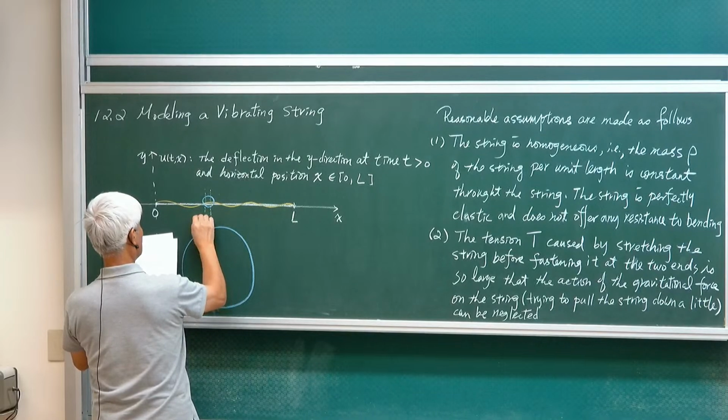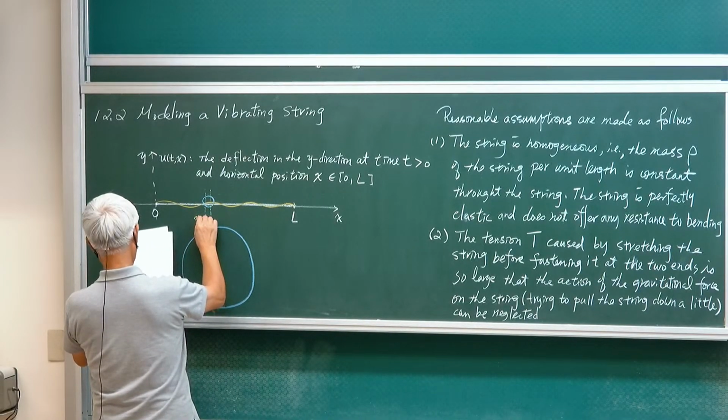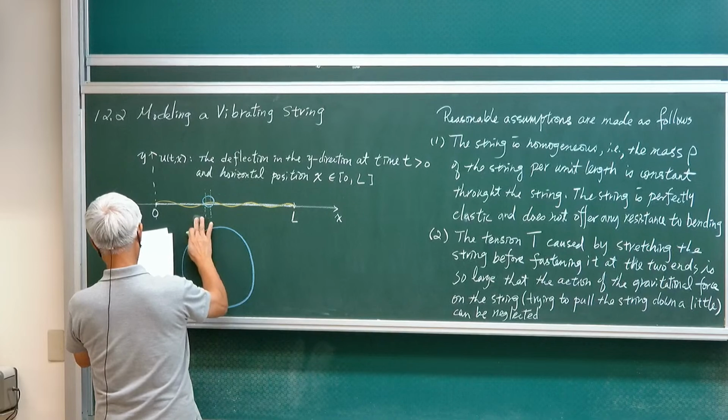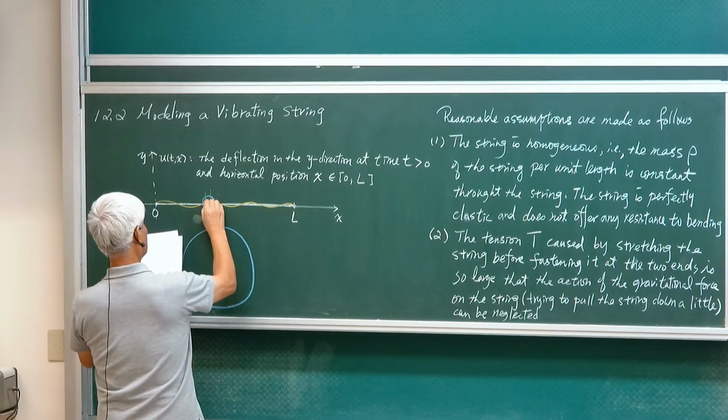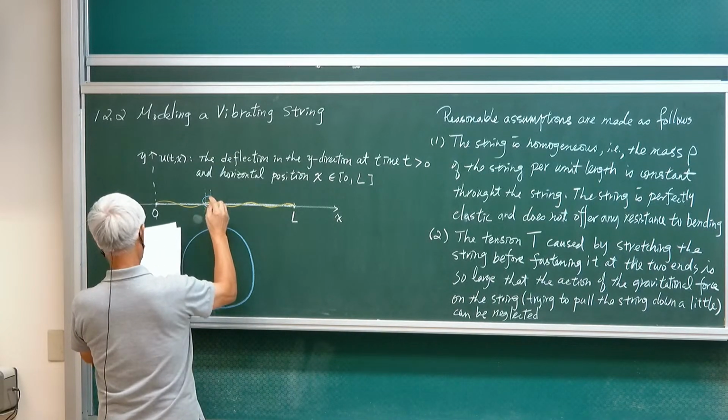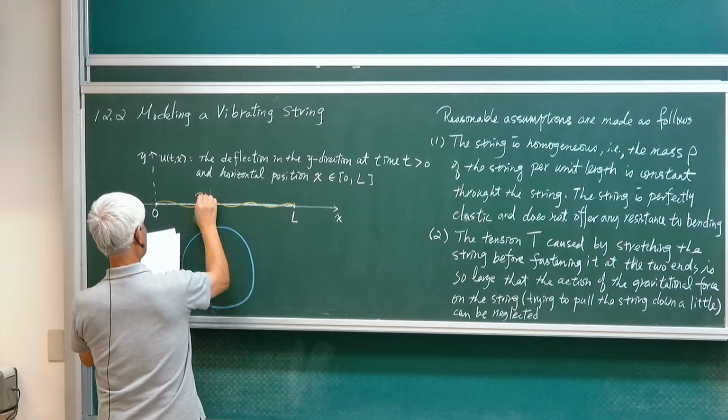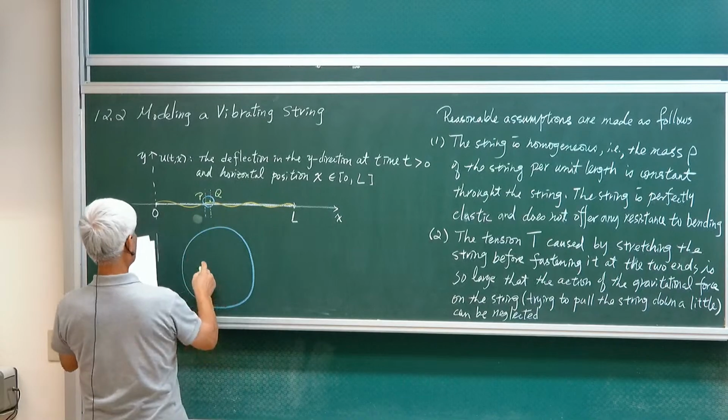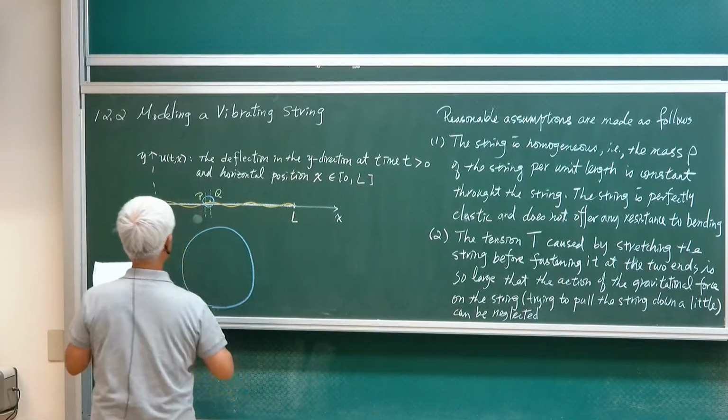So here this is x equal to, so we have a point, this point is P, the other point is Q, here. So let me describe it.